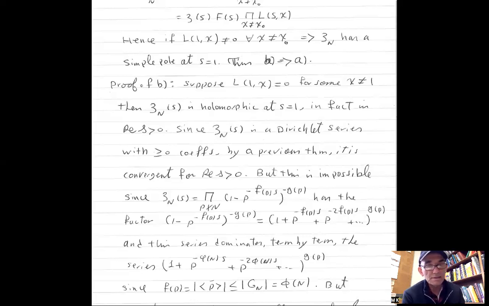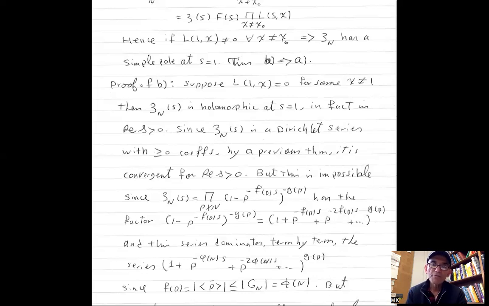You see, that's important. It's not a question of analytic continuation. It's the question that the original Dirichlet series, which is the product of those many terms appearing in zeta n of s, is originally convergent for real part of s bigger than 0. Now, this is going to give us a contradiction.